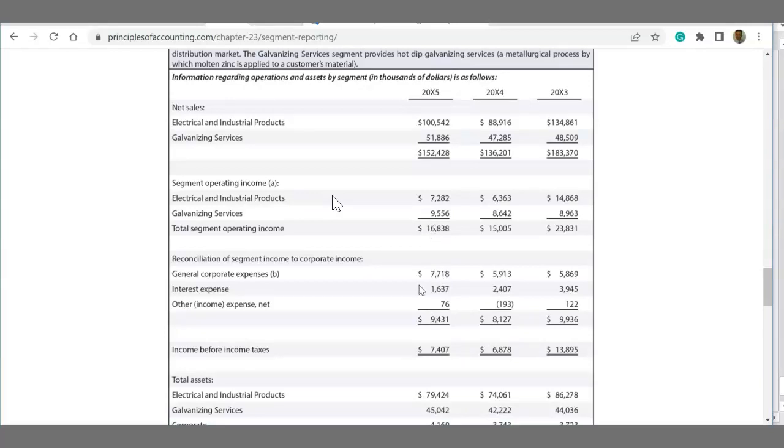So here are general corporate expenses, and some interest expense. Again, those are other expenses that happen. These type of things we call other expenses, okay? Those are not traceable. And other income or expenses, again, 76.